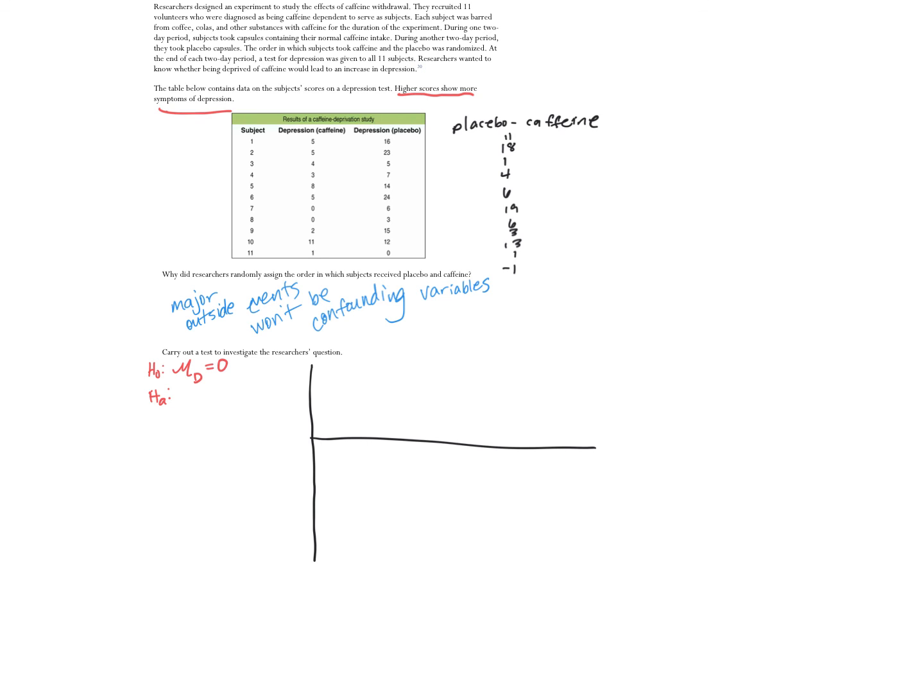So if we want to show that the caffeine lowers depression, we want to show that the caffeine group is lower, which means placebo minus caffeine will be greater than 0. But you have to be really, really careful on that sign, y'all. And then we're going to say mu d equals the true mean difference in depression score.